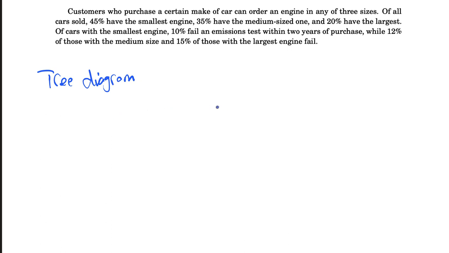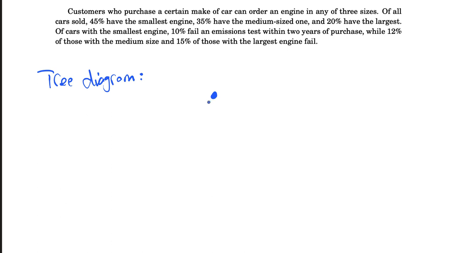So I'm going to set up my tree vertically. So it's going to start up here. And the first set of branches will represent the partition. So those are the sets that break up our sample space in mutually exclusive, exhaustive ways. It covers everything and they don't overlap.